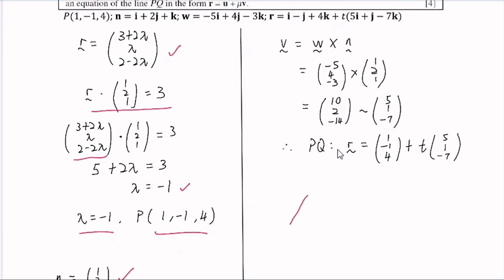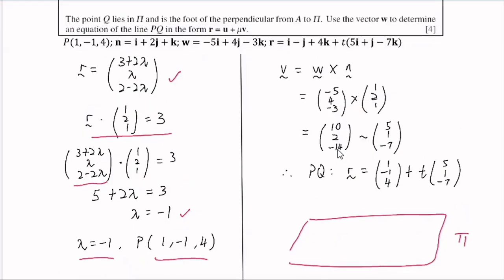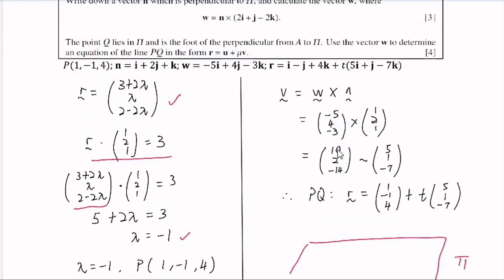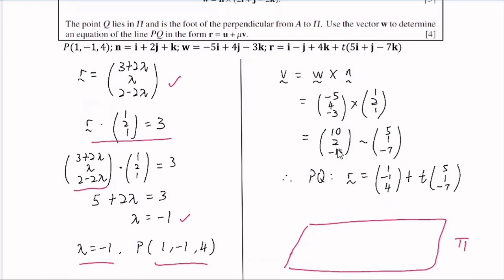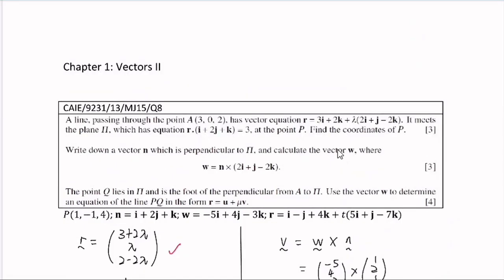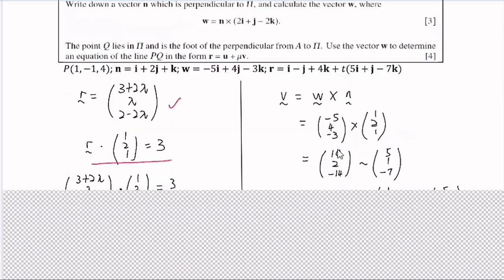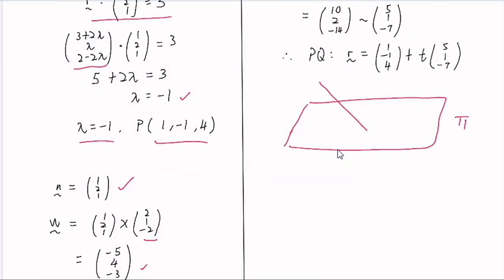The situation is something like this. Let's say we have a plane, this is our plane pi. We have the point A, which the line passes through, and the line intersects the plane at the point P. So this is our line, it intersects at point P, and it has some point A here, let's say.